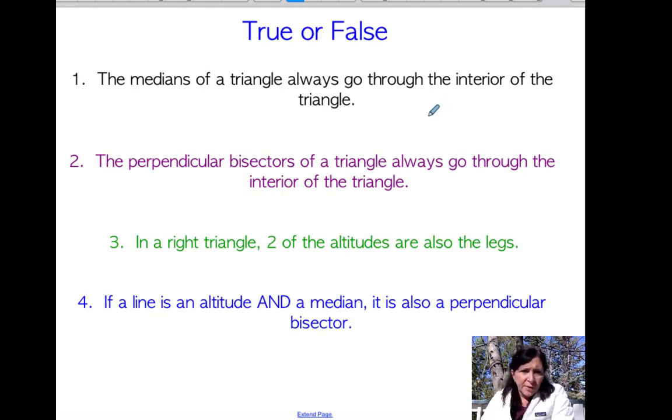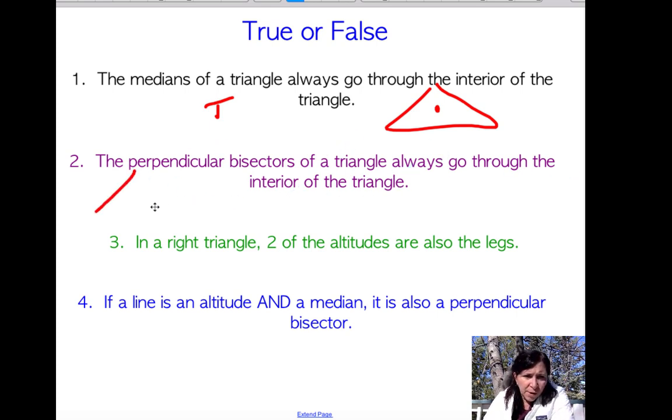So true or false, the medians of a triangle always go through the inside of a triangle. That's going to be true, because the medians, being the centroid or the center of mass, always has to be inside of a triangle. The perpendicular bisectors always go through the inside, and that is not always true, because we can have this perpendicular bisector here.